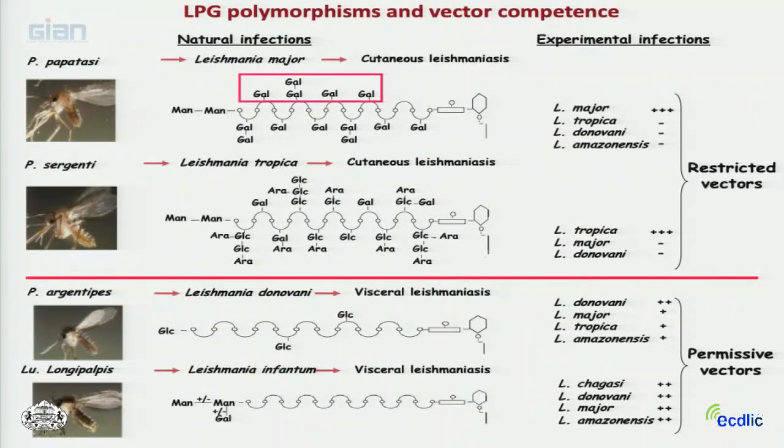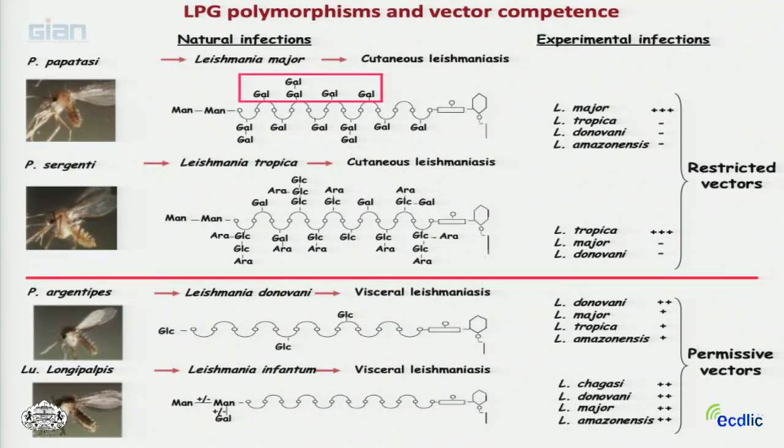And again, the L. tropica LPG is a highly branched oligosaccharide structure, but the side chain sugars are different. Again, they're mainly arabinose and glucose, not galactose.